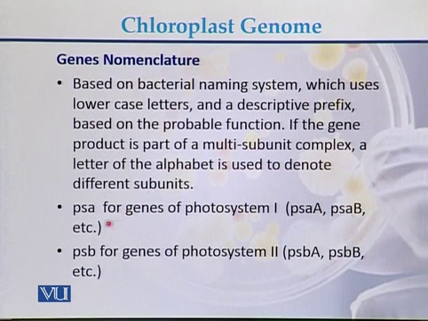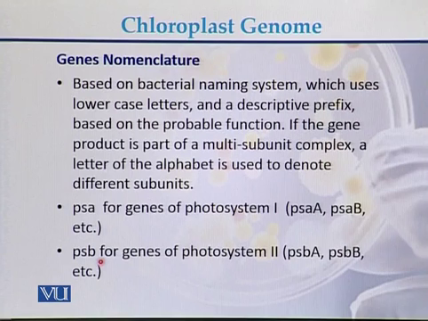Like here, we take the example of psa for the genes involved with photosystem 1. So psaA and psaB are genes present on the chloroplast genome, and they are involved in photosystem 1. And if the genes are involved with photosystem 2, then they are called psb.